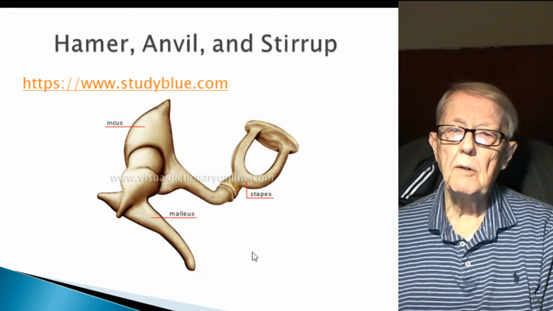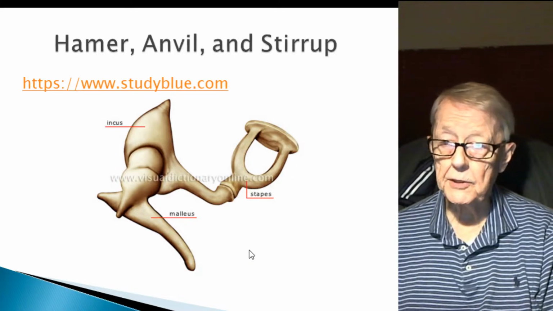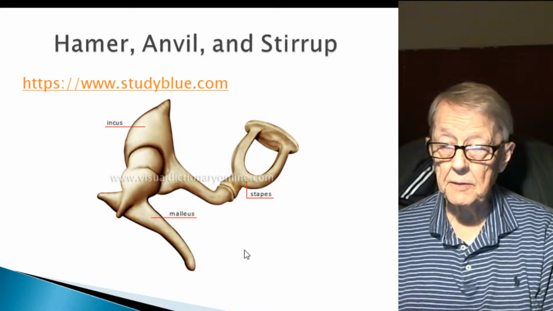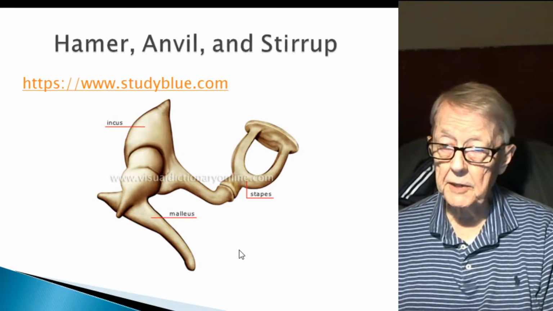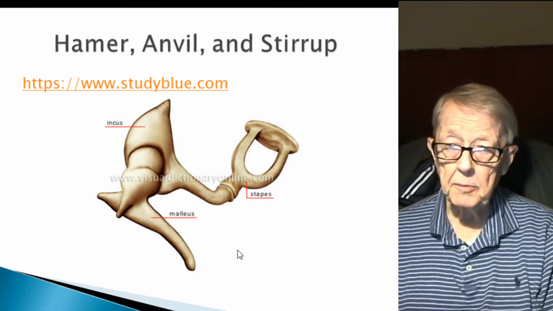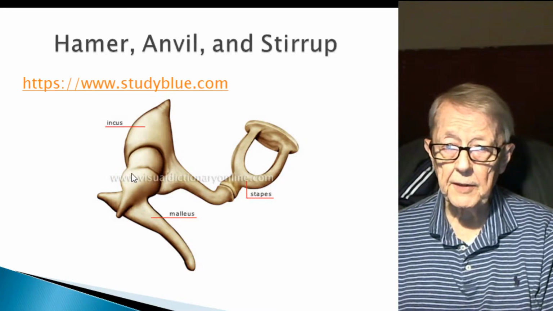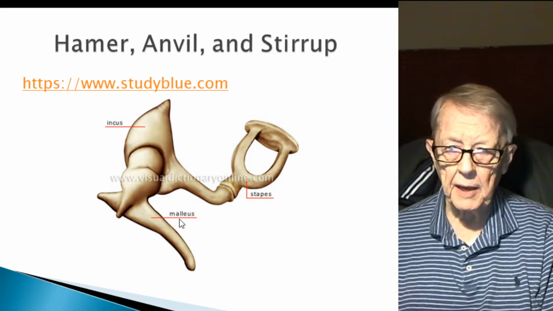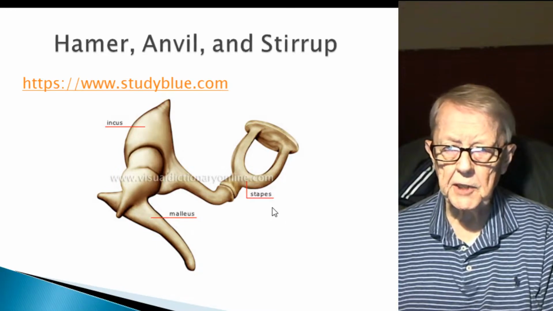Well, when I've thought about the hammer anvil, I was always thinking the hammer was hitting the anvil. I mean, the old blacksmith in the old days, working on making horseshoes and whatever, used a hammer to hit the anvil. Now, these are presumably Latin words: malus, like mallet instead of hammer, incus, and stapes.